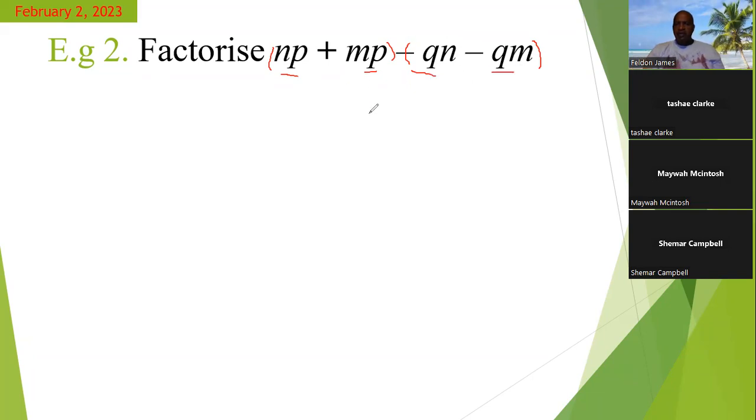So we may want to use that minus Q instead of just Q as the common factor. So for the first pair, our common factor is P. Pull out the P. And when I use the term common factor here, I'm referring to the HCF. So P into NP, P cancels leaving N, P into MP, P cancels leaving M.